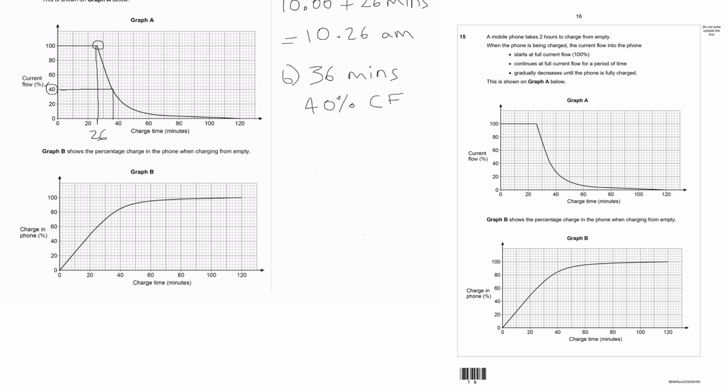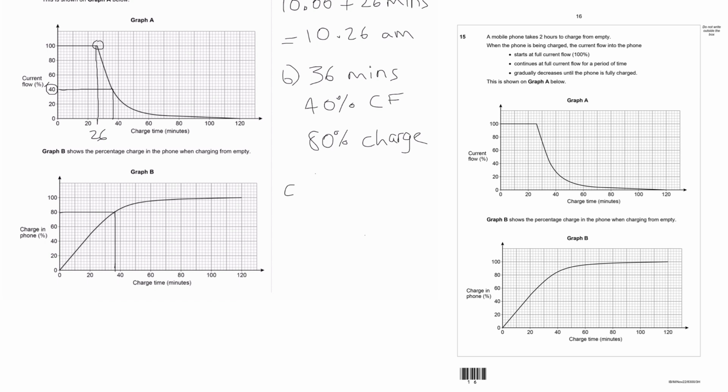So the question now is, what is the charge in the phone after 36 minutes? So if we find 36, then we come across, we can see that at 36 minutes, the charge in the phone is 80% charge.